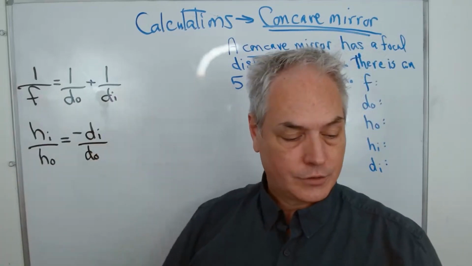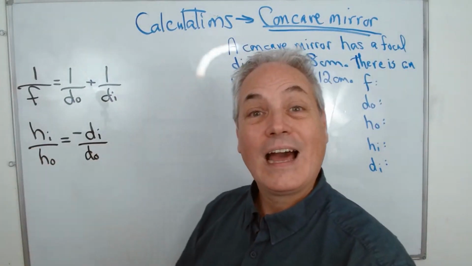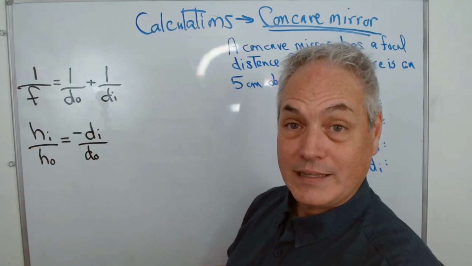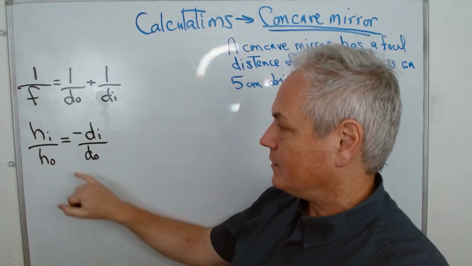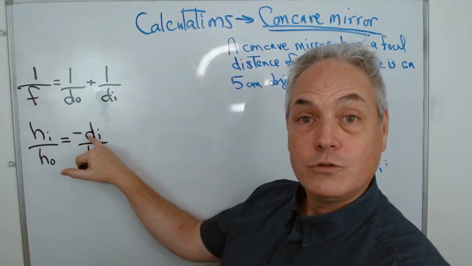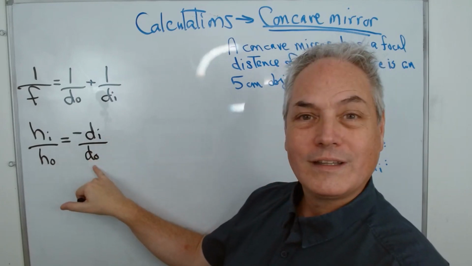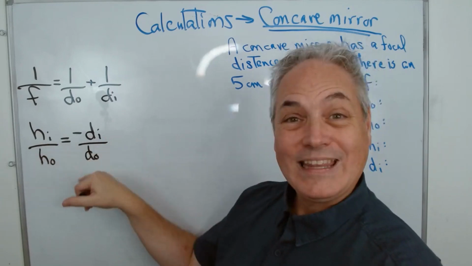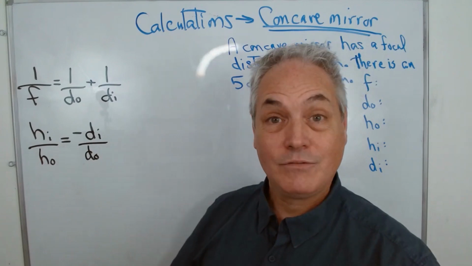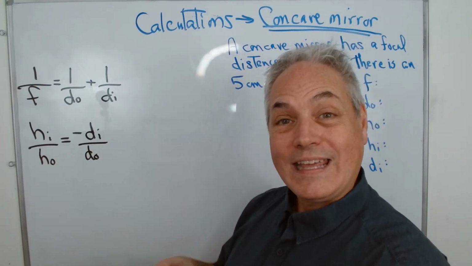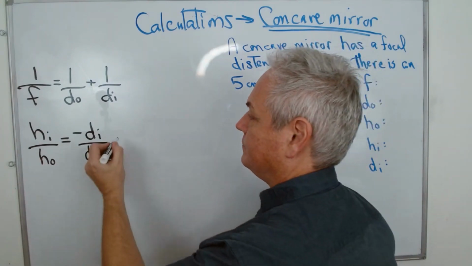The other one we have is that the height of the image divided by the height of the object equals another ratio, the negative value of the distance of the image over the distance of the object. And this actually gives us the magnification of the image compared to the object.